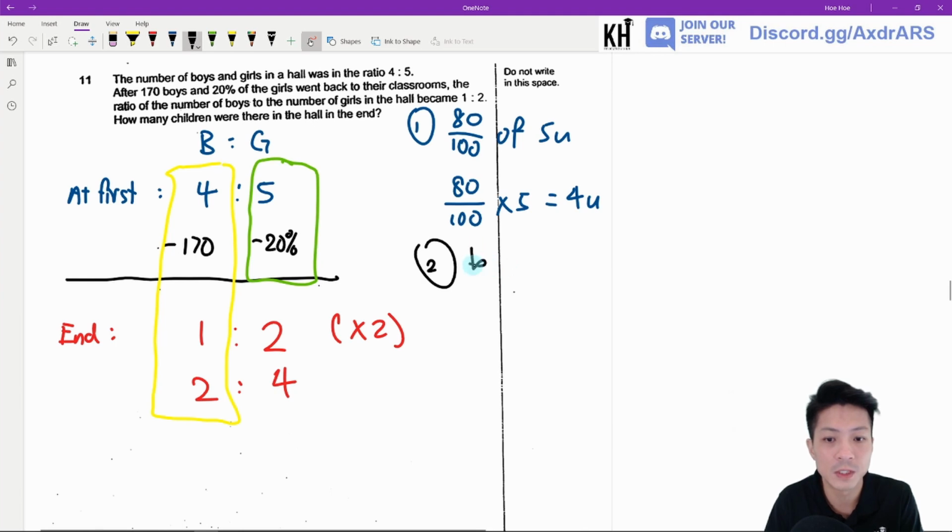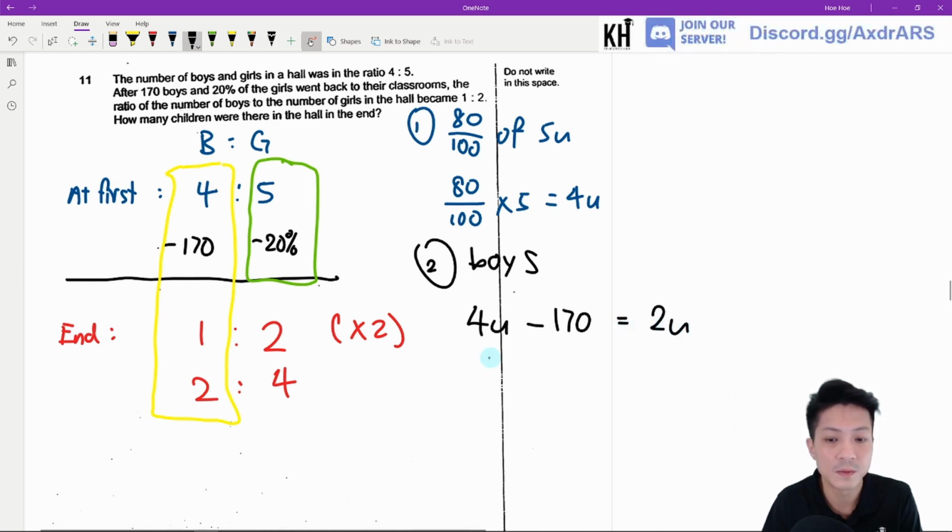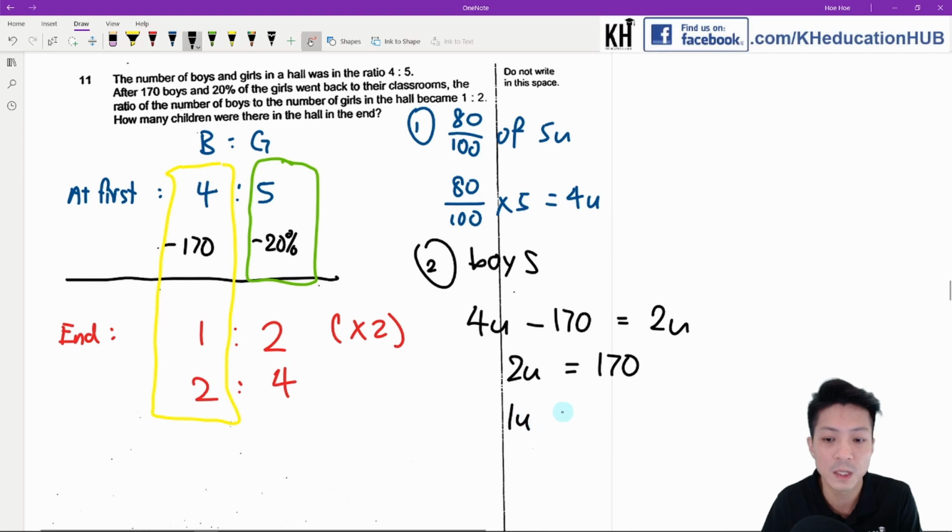Okay, for the boys, at first there's 4 units. Okay, after 170 left, it became 2 units, right? Which means that 2 units is equals to 170, and I know that 1 unit will be equal to 170 divided by 2, and that's 85.